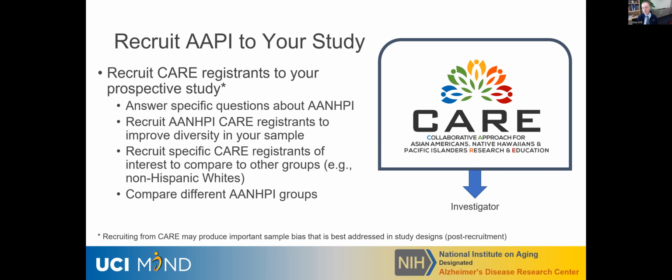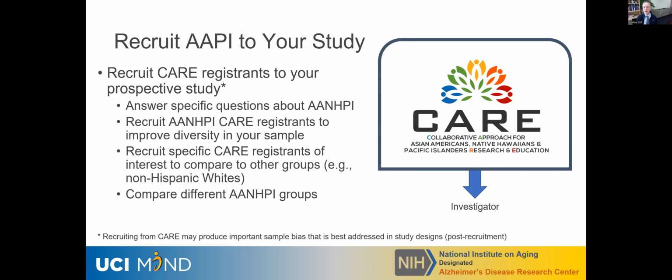Again, hearkening back to Van's presentation, it's clear that the greatest opportunity is to those individuals who are studying aging, ADRD, and caregiving. But this is really how CARE was built, with an eye toward helping investigators recruit more Asian Americans and Pacific Islanders to participate in their study.